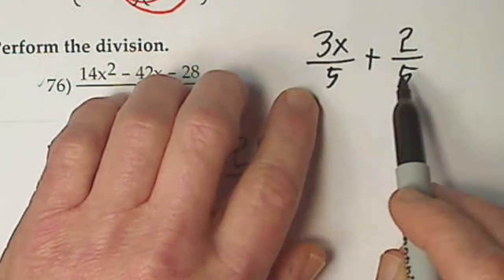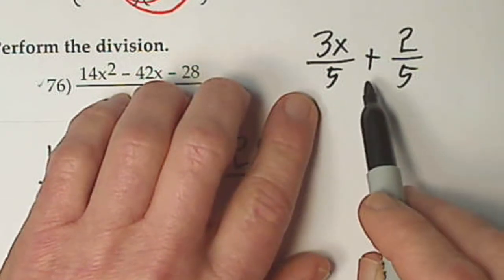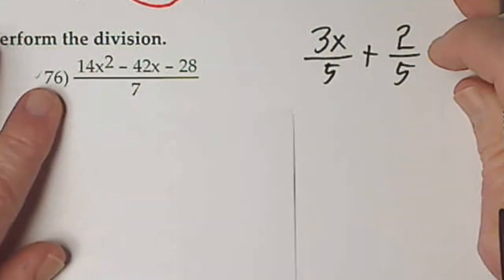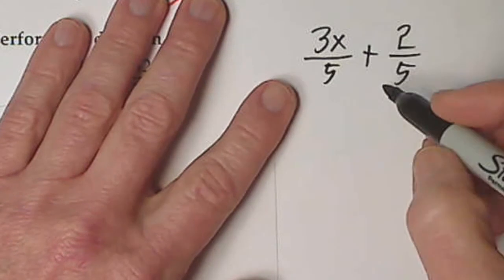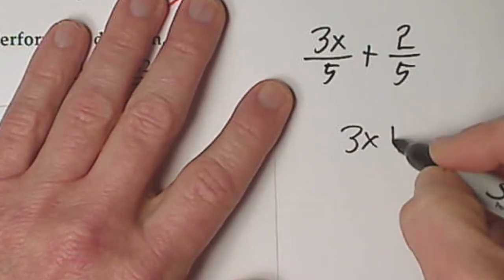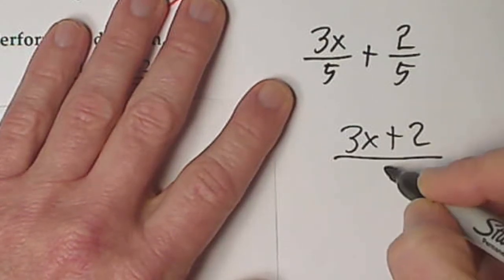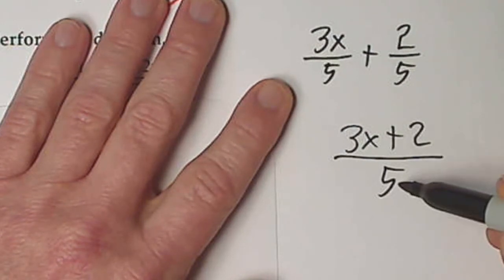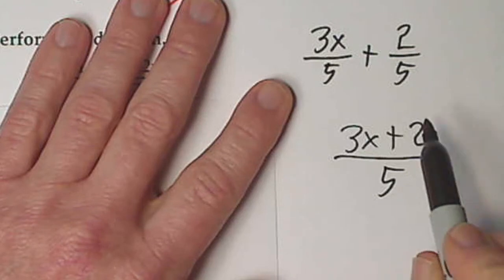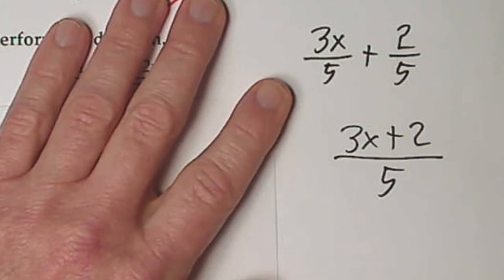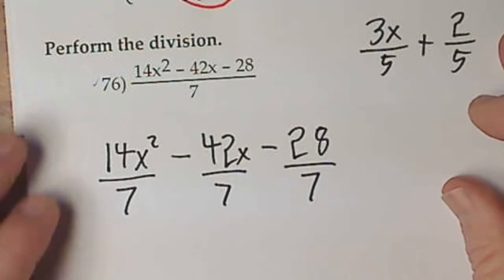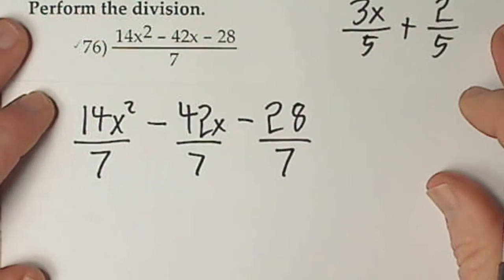If you had this, you would be able to add, in a sense, you would get 3x plus 2 all over a 5, okay? So when you see this, you have to realize it can be written that way. And let's get back to the problem at hand here.